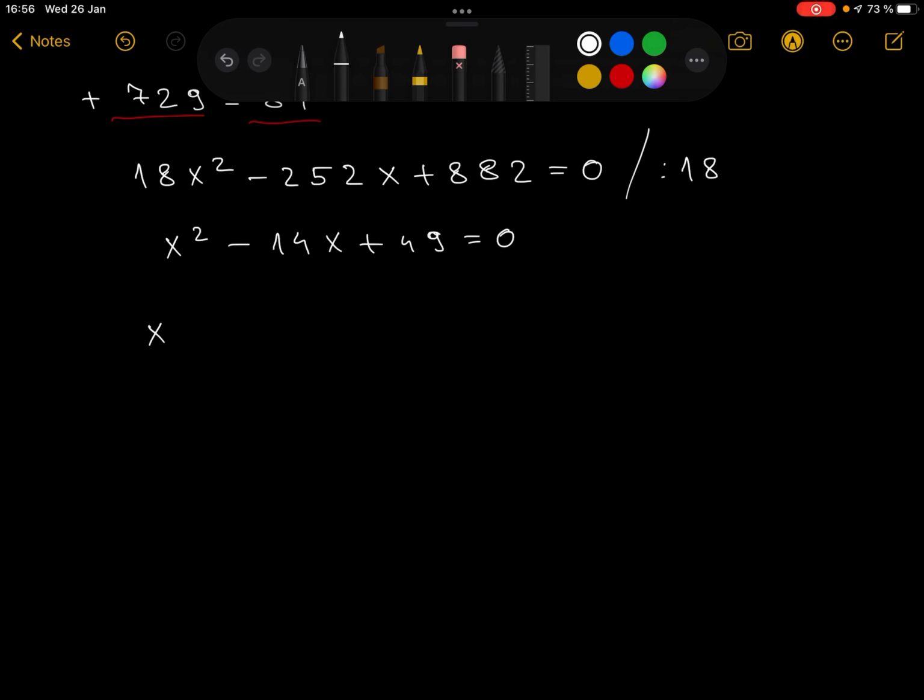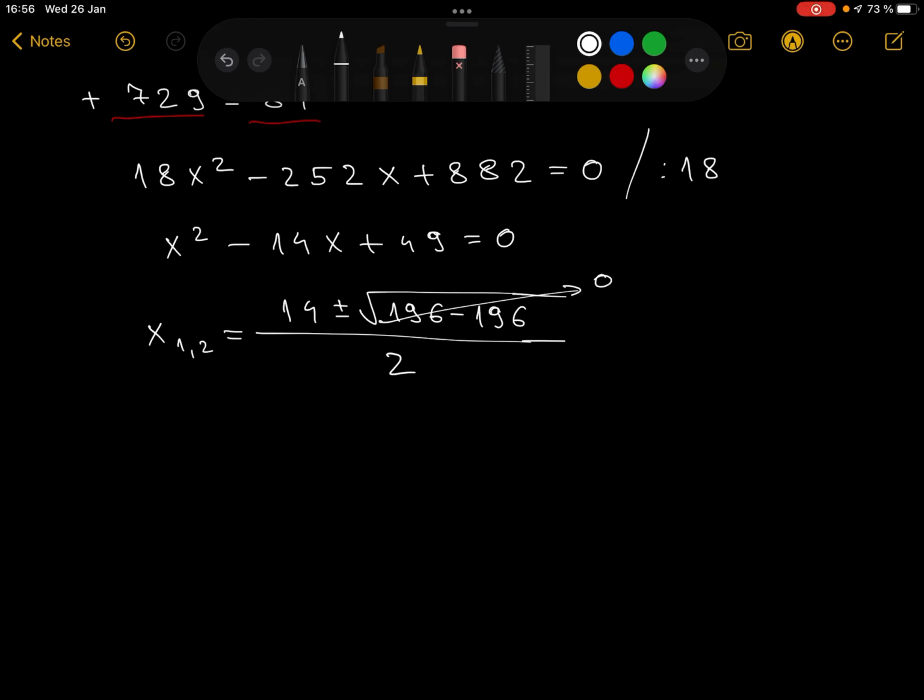So by using the quadratic formula, we can say that x1,2 is equal to 14 plus minus the square root of 14 squared, which is 196, minus 4 times 49, which is the same as before, 196, over 2a, which is just 2. This cancels out, and we're left with 7.